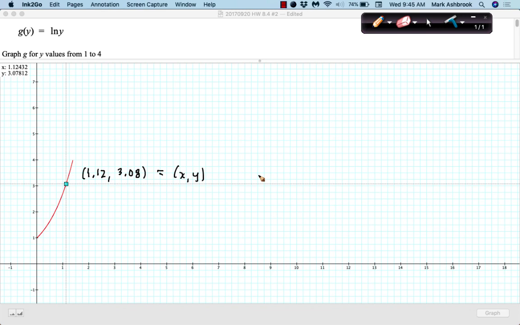Okay, so I heard Kenny give a very good explanation, so take it away. So when your y value is 3.08, then your x value will be 1.12.